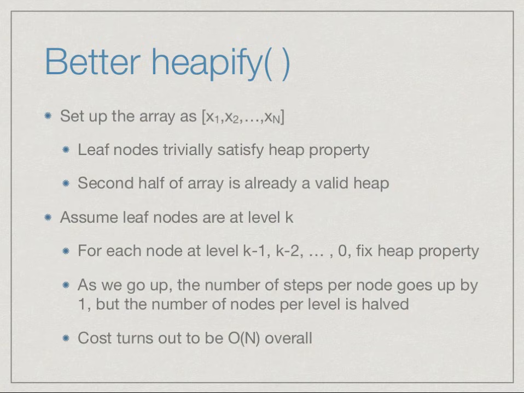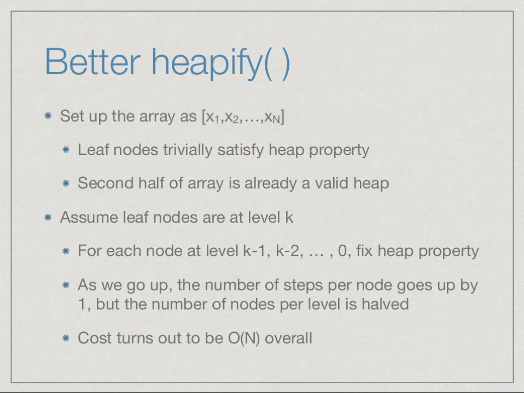So we go one level above, and then we can fix all heap errors at that level. Right? And then again we move up one level above and so on. So we do the kind of top to bottom heap fixing that we did with delete max while we are building the heap. So as we are going up, the number of steps that we need to propagate this error goes higher and higher because we need to start at a higher point.